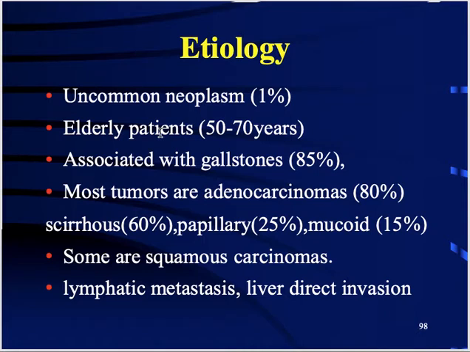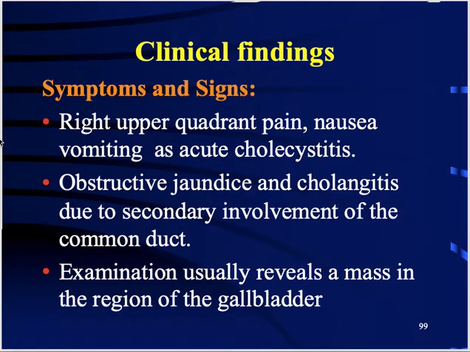Now you can see over here, most tumors are adenocarcinomas, and very few are other types. Some are squamous carcinomas as well. The important thing is the cause, or the etiology. Choledocholithiasis is the most important risk factor for gallbladder carcinoma. What they found is that 95% of the patients who have carcinoma of the gallbladder have had or have gallstones.